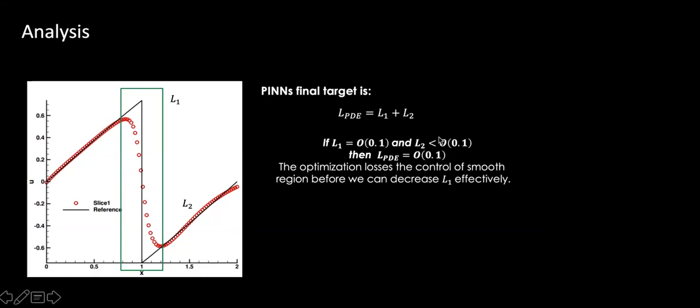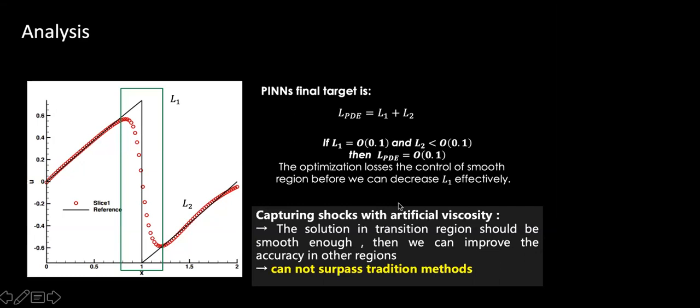This means that theoretically the training loses control of smooth regions unless we can decrease L1 further, because the final goal is the PDE. So if we want to capture shocks with viscosity, we first need to ensure convergence at transition points.